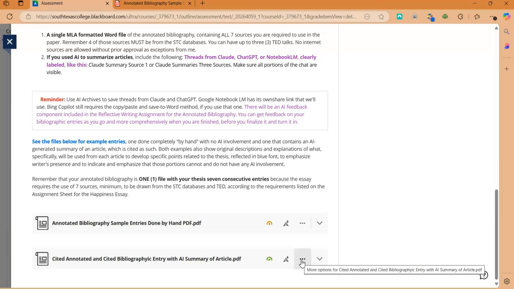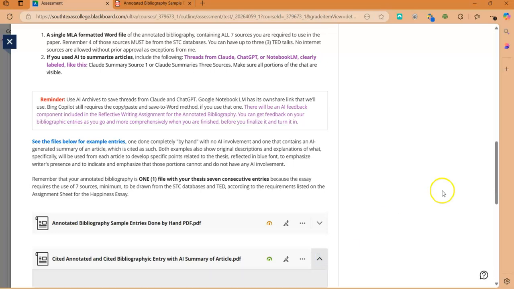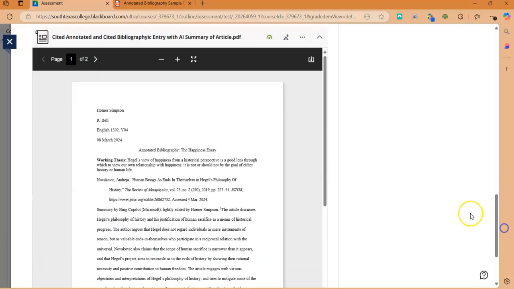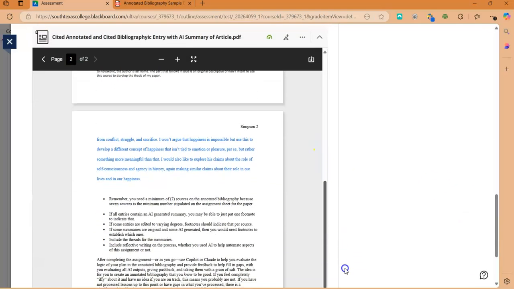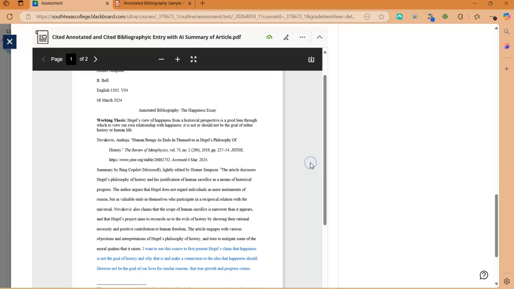So it's going to be kind of a long document, but keep in mind you are going to be allowed to use AI for the summary portion, but not for the part in blue where you're explaining what it is specifically that you're going to use in the paper to support given points in your thesis. So let me open this bottom one that has some examples, or at least I've got one example of an automated summary, how it's going to be cited, and you've got choices in terms of which platform you want to summarize the article.